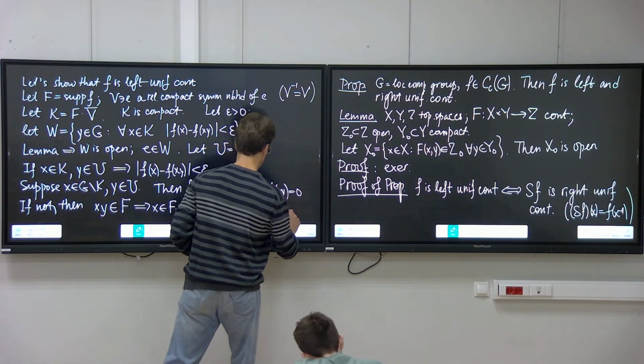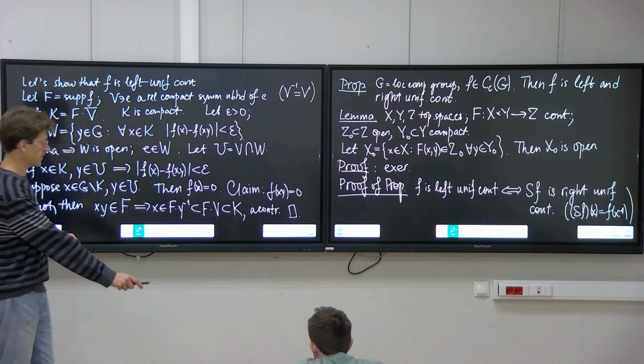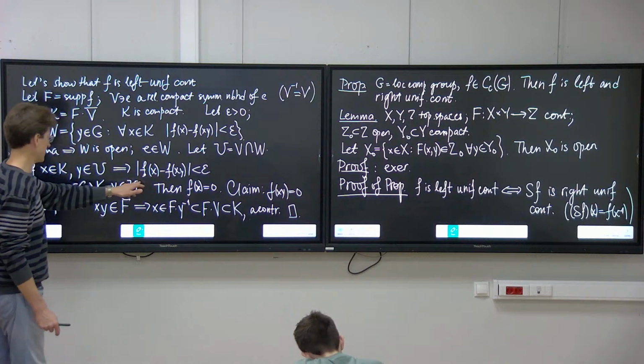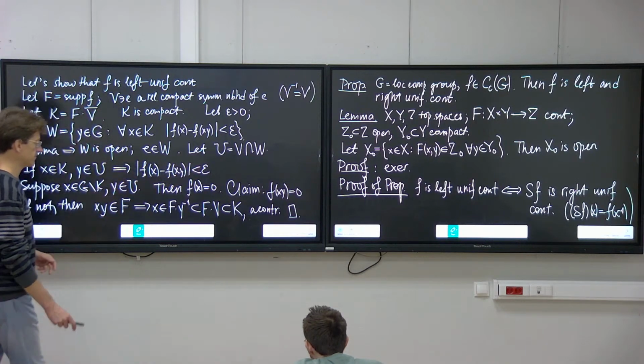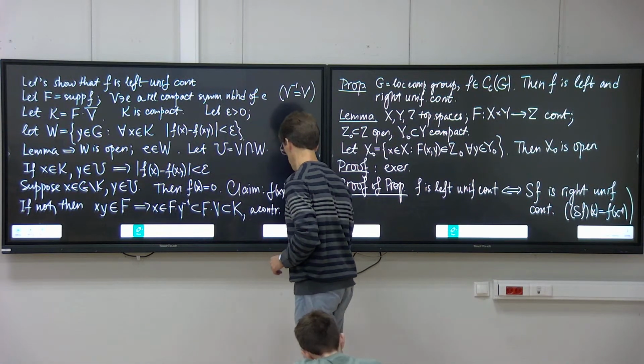Yeah, this contradiction completes the proof, because we now see that f of xy is 0, and so this inequality holds for every x in G. Well, let me write this down.